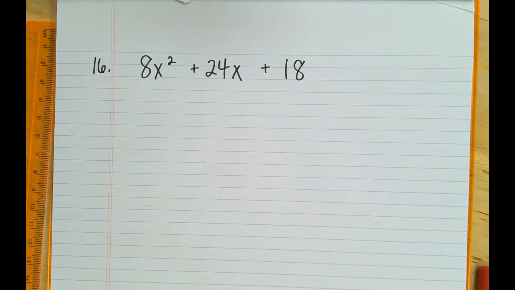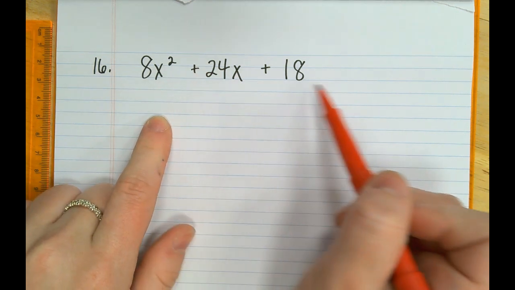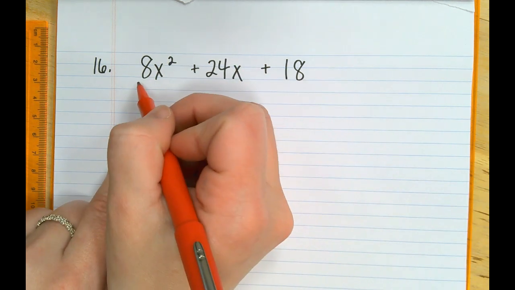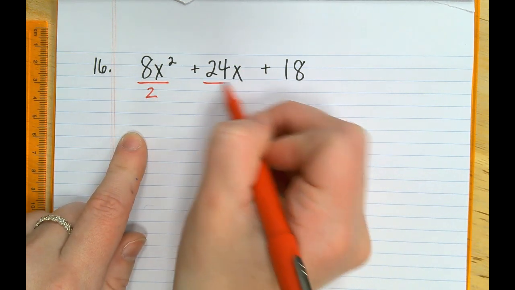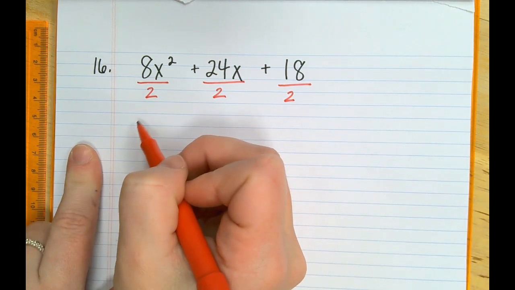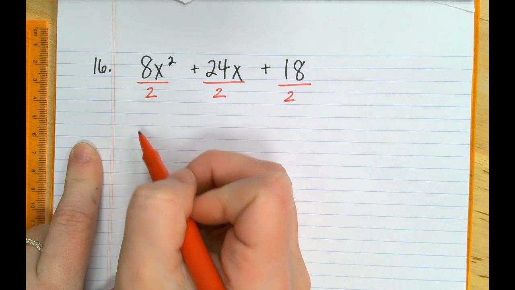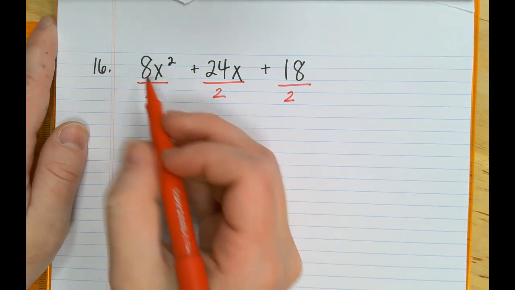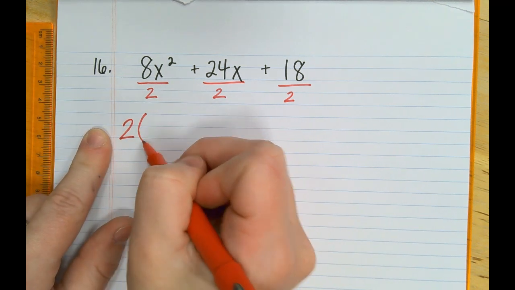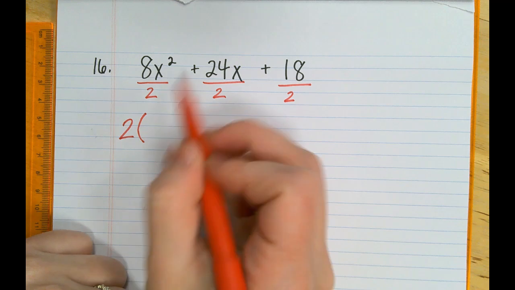What's my first step? Let's check for a GCF, a greatest common factor. Is there anything that I can divide all of these numbers by? 2. Let's do 2. Divide by 2. Divide by 2. Divide by 2. So what do I do next? I want to bring down my GCF, bring down my 2, and put it outside of my parentheses while I divide the rest of the terms.